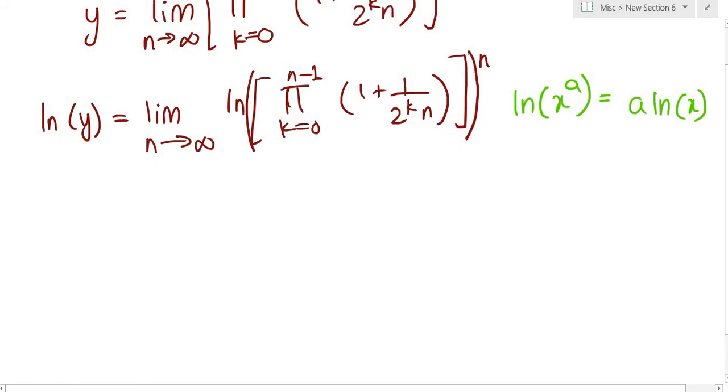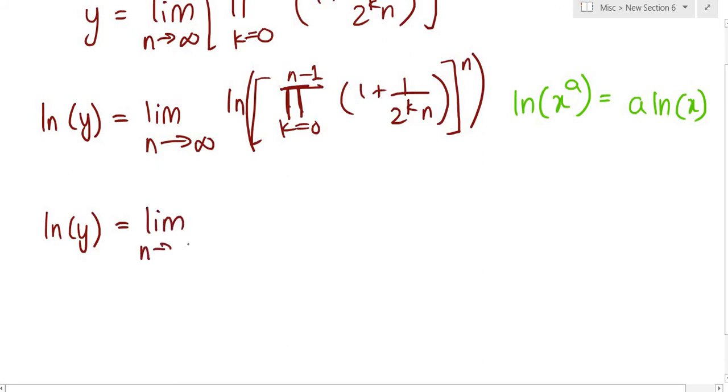Let me write this properly. So as you can see, inside the parentheses, this argument of this product is raised to the nth power. So let's bring it down now, because we know our properties.